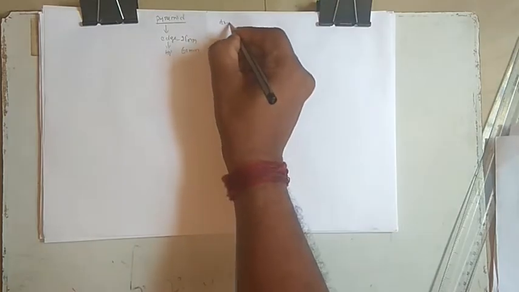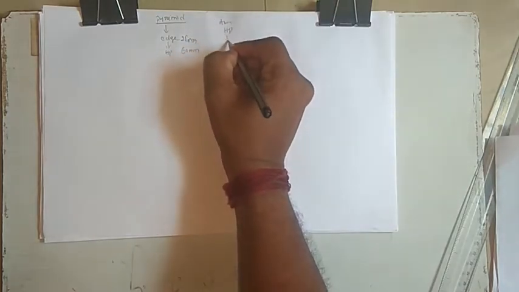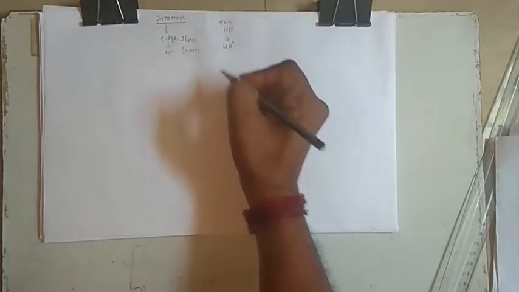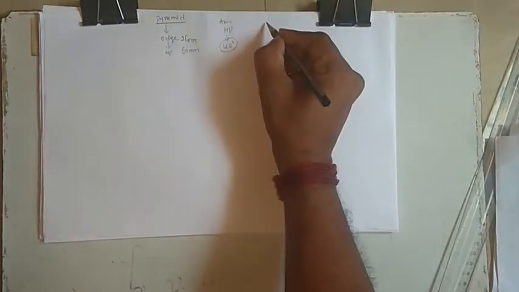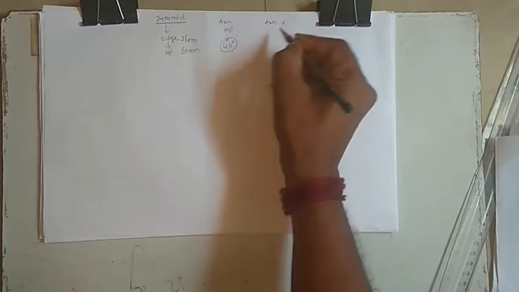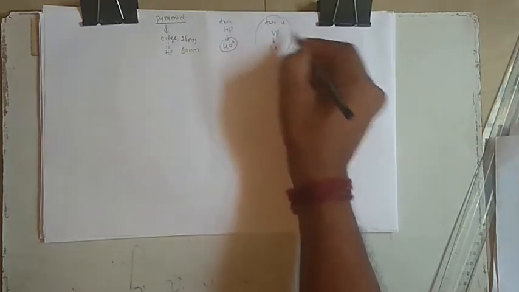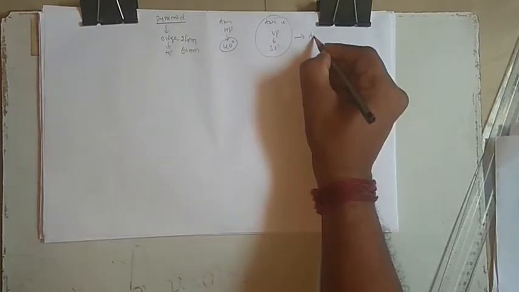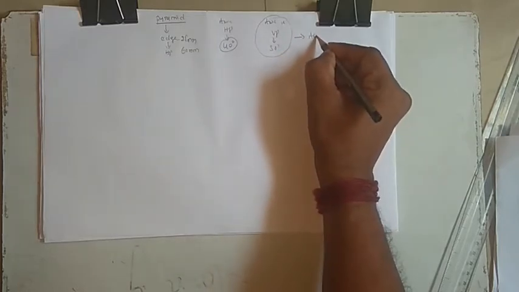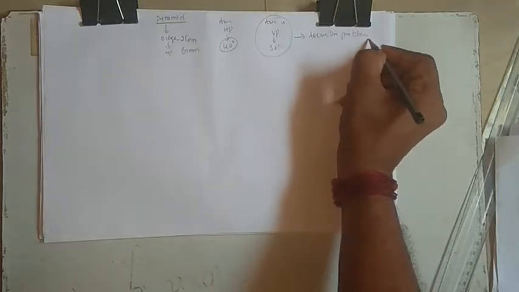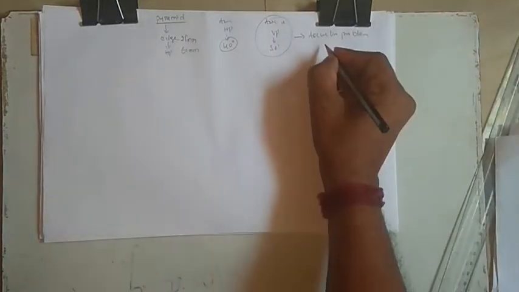Next, the axis is inclined to the HP at an angle of 40 degrees. Again, the axis is inclined to the VP at 30 degrees. This is very important. These types of axis-inclined problems we call a locus line problem, where you need to find the beta angle.